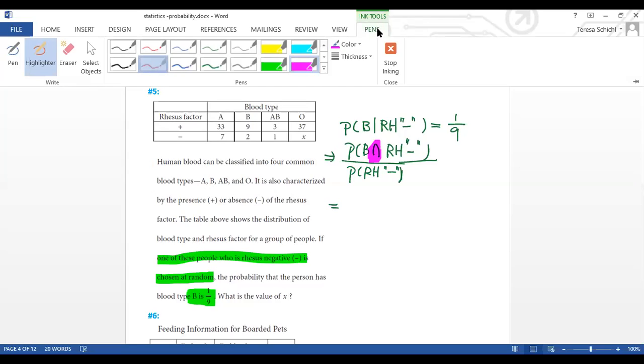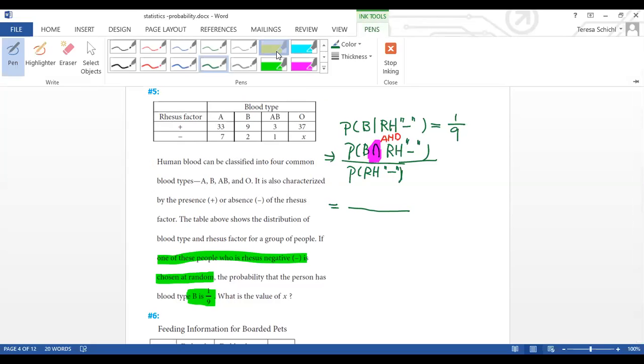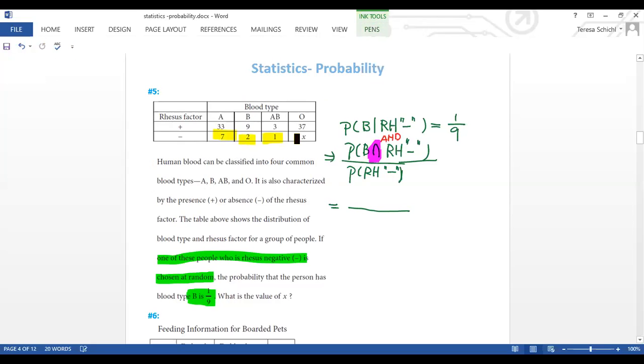Intersection means and, right? So it's B and RH negative here. Okay, now let's take a look at this. RH negative will be here, here, here, here, right? All these people are RH negative. So it's 7 plus 2 plus 1 plus X.